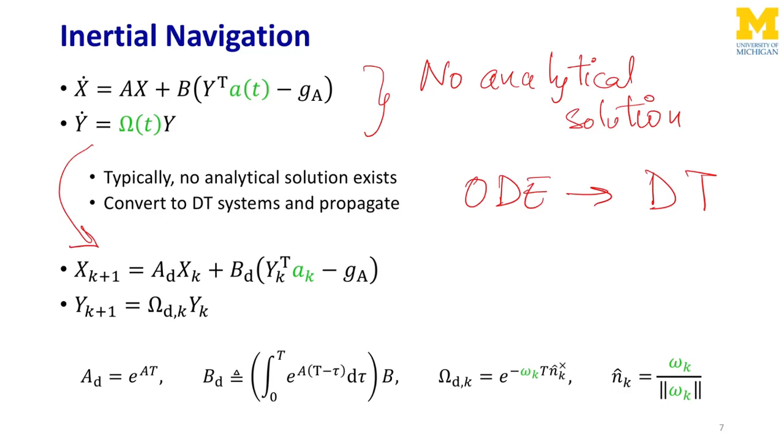Now, these matrices AD, BD, and big omega D at step K need to be evaluated. As I showed you earlier, the discrete time AD is simply given by this expression. This is the matrix exponential of A times the sample time. T is the sample time.